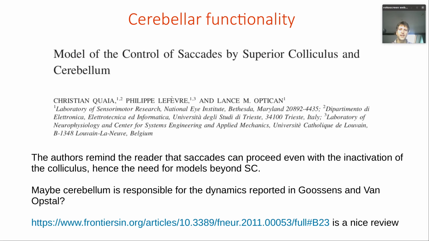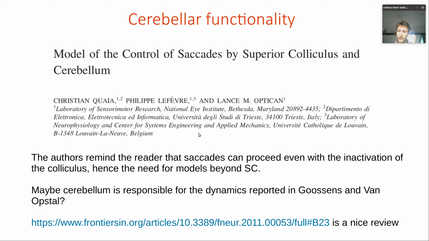And that's really one possible argument for how it is that saccades can continue to work with a lesioned superior colliculus. I think in this paper they refer to the original results where it was shown that you can lesion superior colliculus and saccades still work.